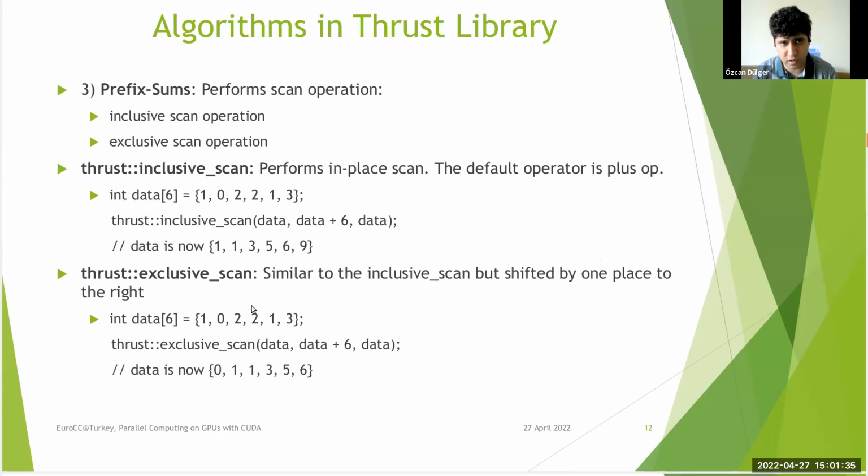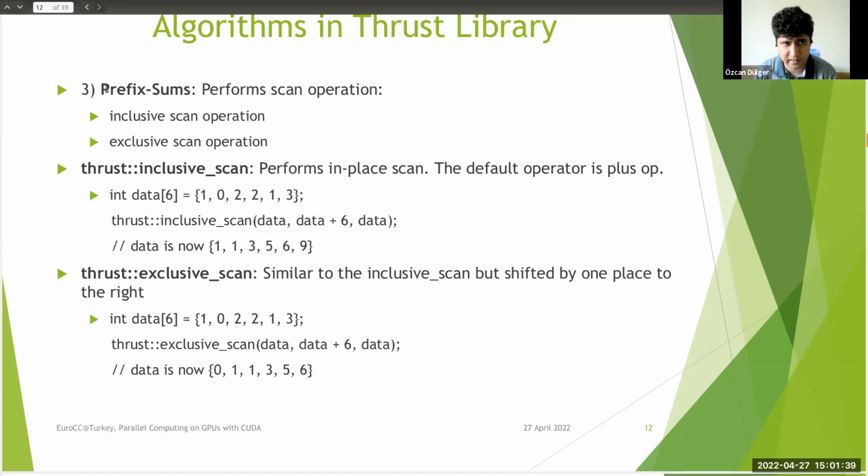The third algorithm is prefix sums algorithms. Prefix sums perform scan operations. This can be an inclusive scan operation or an exclusive scan operation. An inclusive scan operation performs an in-place scan, and the default operator is addition here.